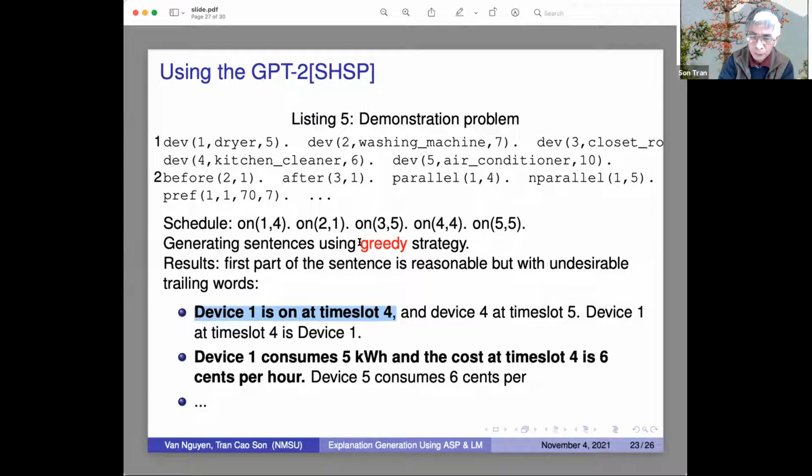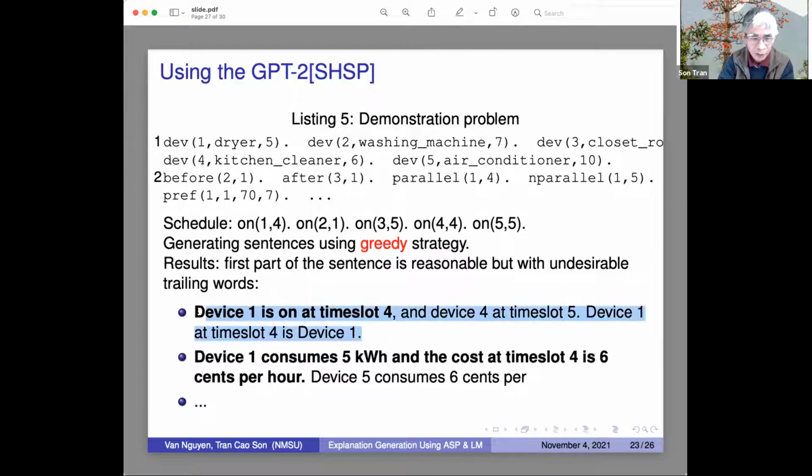So what we observe is that, say for example, this on 1-4 is explained like this, device one is on at the time slot 4, but then the language model also generates trailing words like this part, for example. Had it not been there, it would have been perfect, and it may be repeated like this.